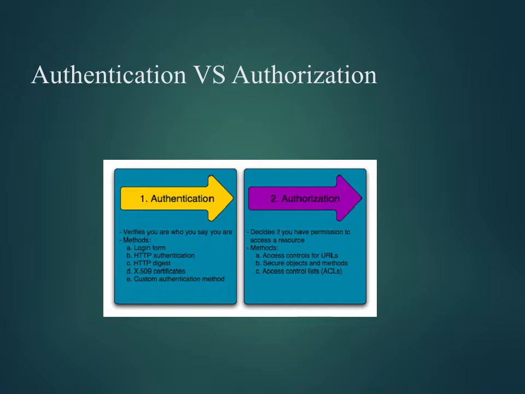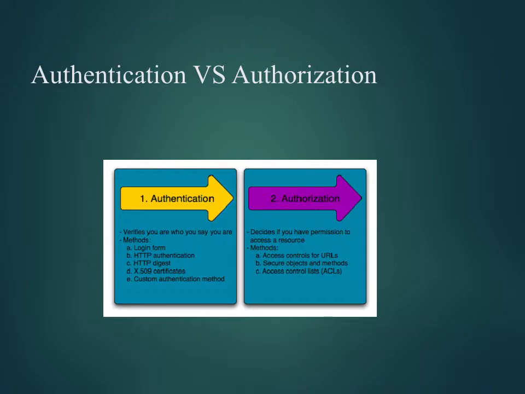Authentication and authorization actually sound like very much the same thing, but let's take a look at the key differences. Authentication verifies that you are who you say you are. Some of the methods include login form, HTTP authentication, HTTP digest, X.509 certificates, and custom authentication methods.